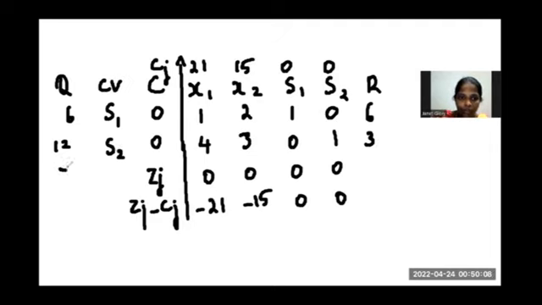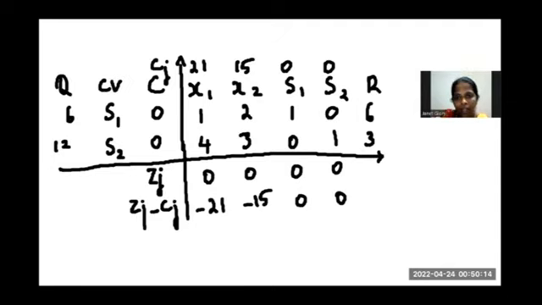So we are going to choose this particular row. After choosing this, we can see the selected row and the selected column intersect at a particular value. So in this table, you can see 4 is the intersected value. So this value we call it as the pivot value.